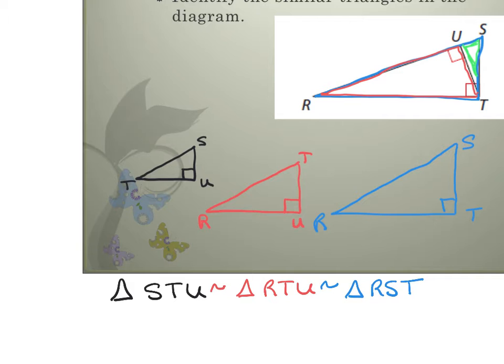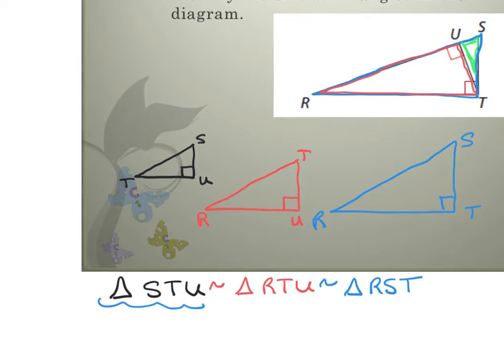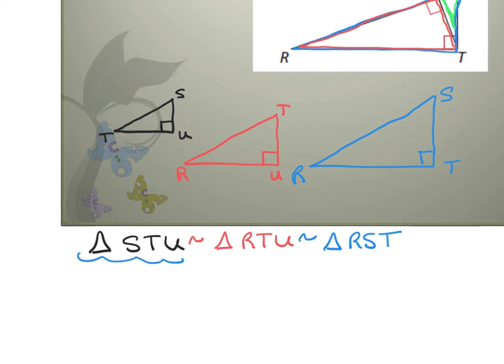Ms. Gordon, how do you know if you're supposed to do RT or TR, or SR or RS? When you started out at the beginning, it didn't matter. So whatever you start with here, if you decided instead to start here and say TSU, then everything else has to match as well.